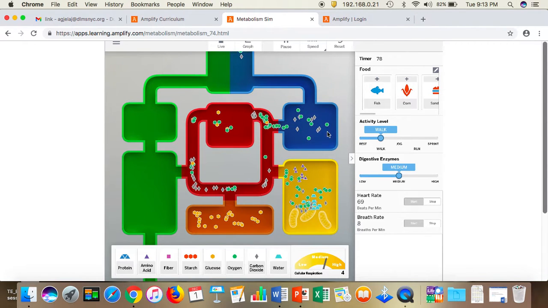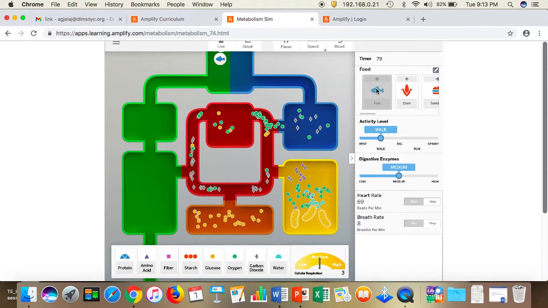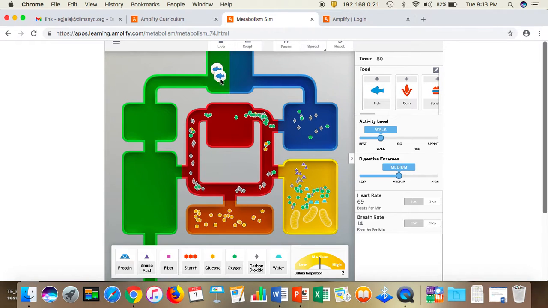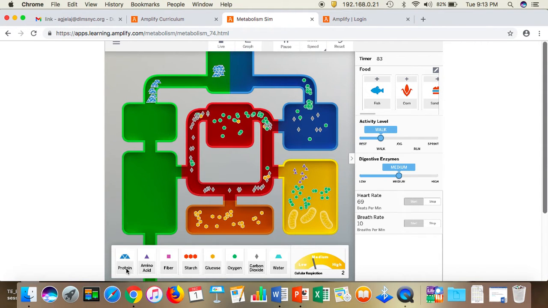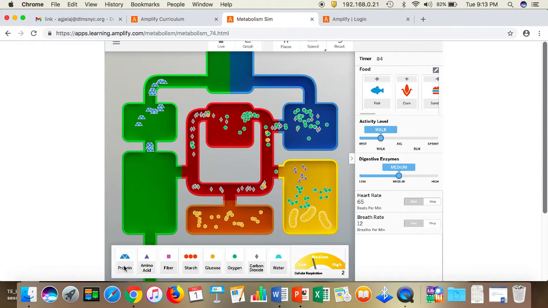Okay, in the following simulations, we're going to start adding food, which is pretty cool. So if you add 2 pieces of fish, it's going to go to the digestive system. Look, right now you get protein because you ate fish, and you can see what is going to happen.